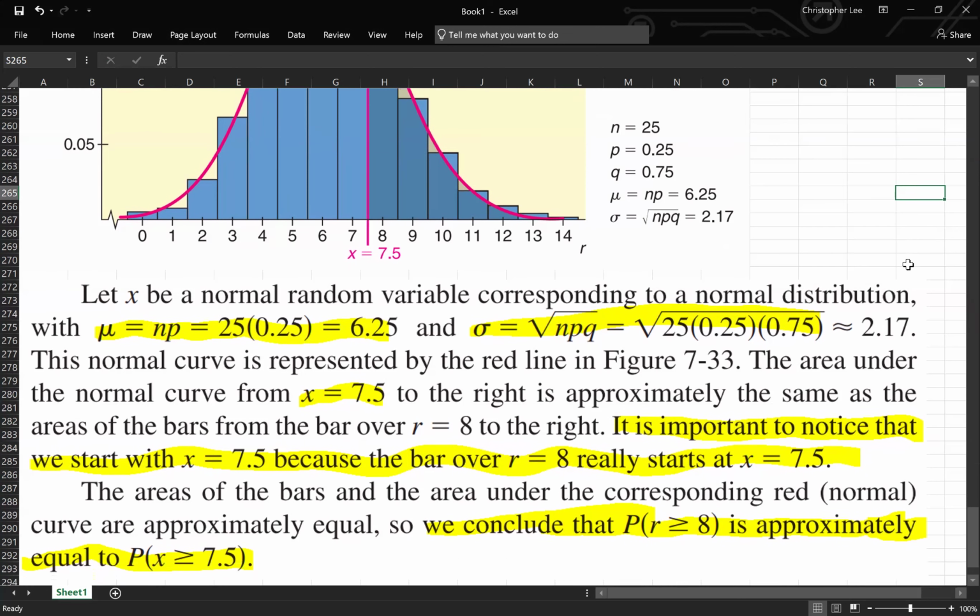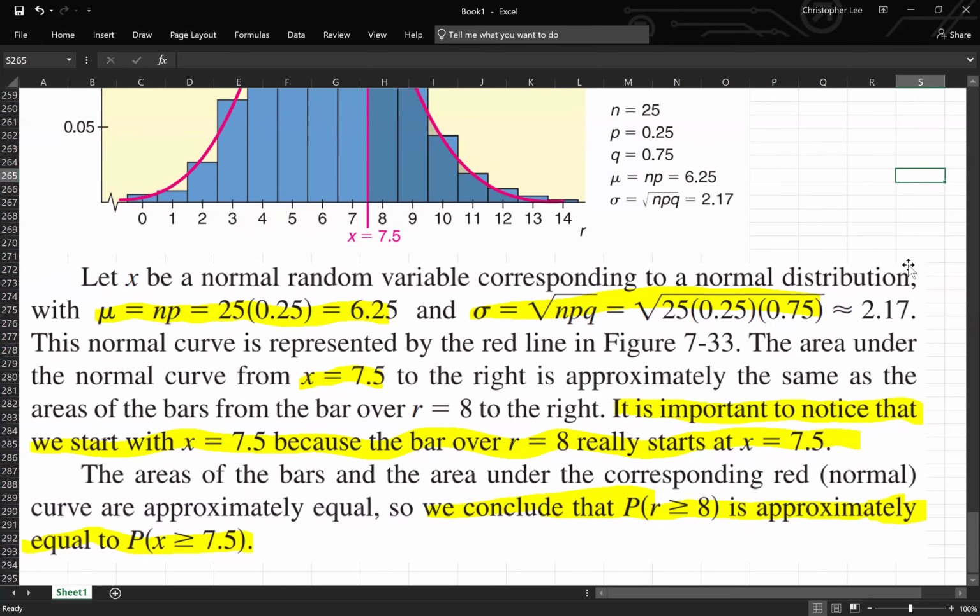This normal curve is represented by the red line in the figure. The area under the normal curve to the right of x equals 7.5 is approximately the same as the areas of the bars from r equals 8, right?